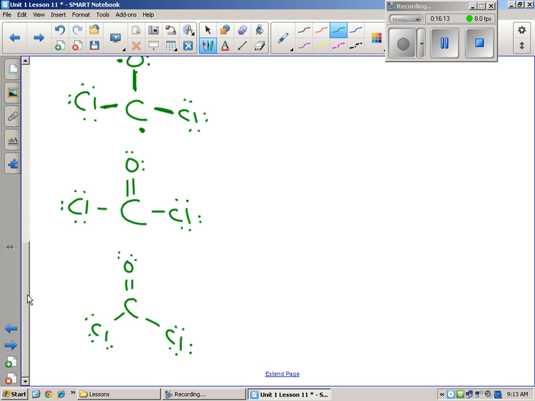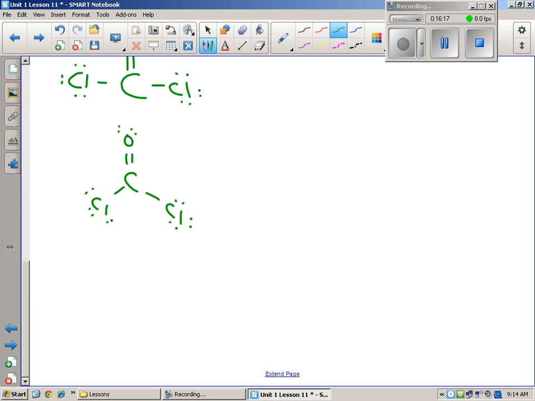Once again, you might say, well, it's got a double bond in there, etc., right? And once again, I don't care what kind of bonds it has. I'm looking at the central atom and what's bonded to that central atom. That's going to determine the shape. So A, X, X, X. It doesn't matter what's bonded to it.